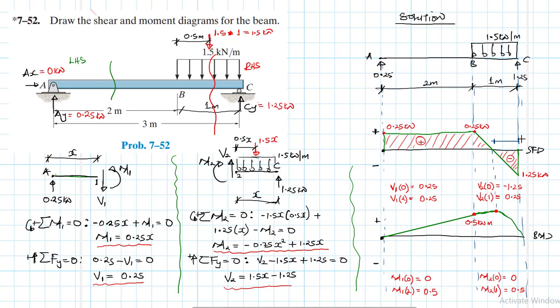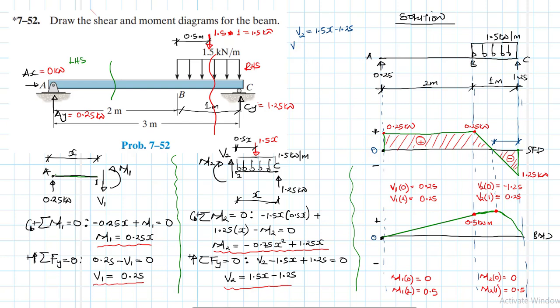We can either use similarity of triangles, or we can use the same equation in the interval BC, which is V2 equal to 1.5x minus 1.25. At this point where the shear curve cuts through the x-axis, we expect shear to be equal to 0.